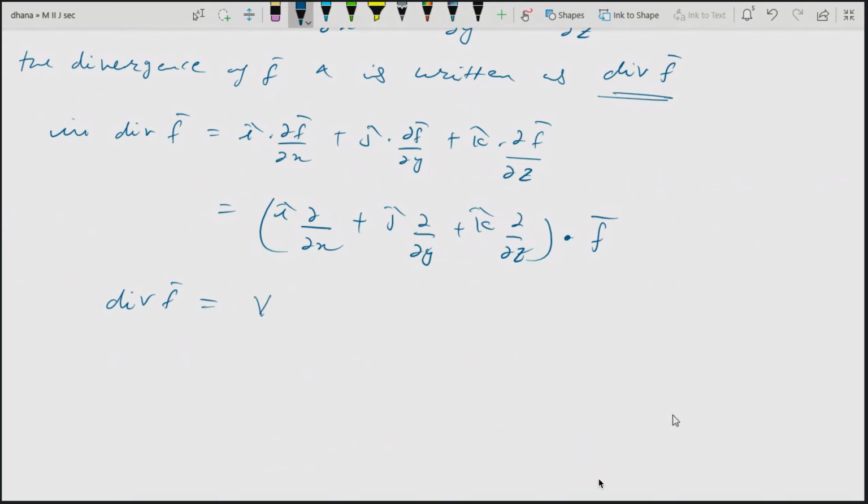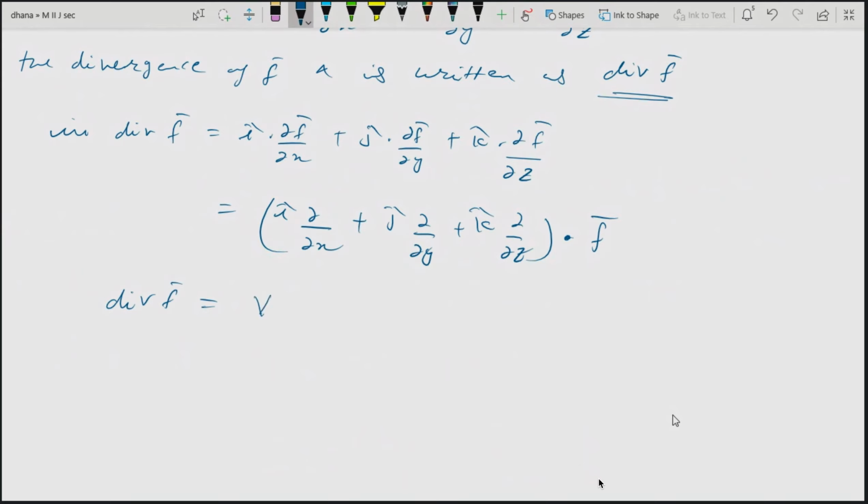whereas gradient is defined as del g, where g is a scalar function. That means i dou g by dou x plus j dou g by dou y plus k dou g by dou z. And when I apply this operator del on a scalar function, in between there is nothing, no cross product, no dot product.